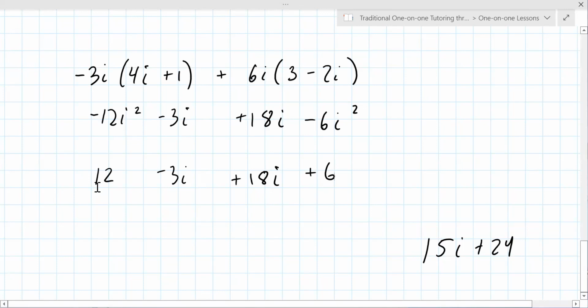Yeah, in the second line I had 12 minus 12i squared minus 3i plus 18i minus 12i squared.